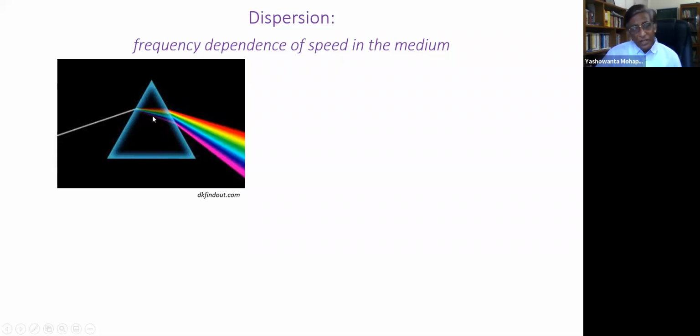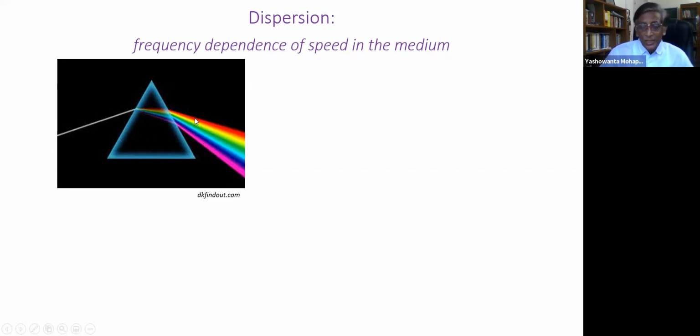Because the refractive index for each wavelength is different, so they travel at different speeds, and that is why they bend differently. The prism is made in such a way that they emerge showing their differences in speed in the medium, and that is how we get VIBGYOR out of the white light.